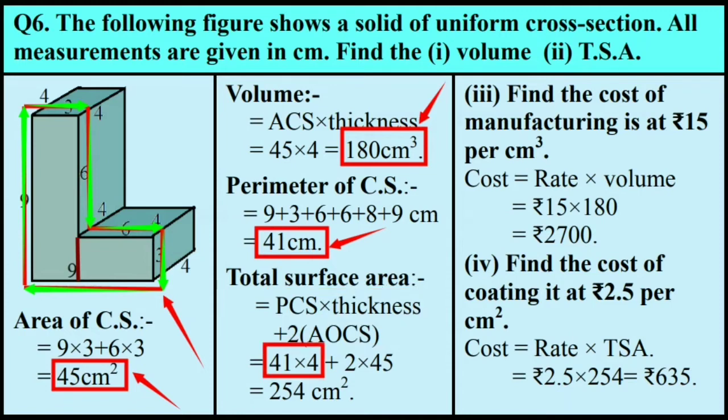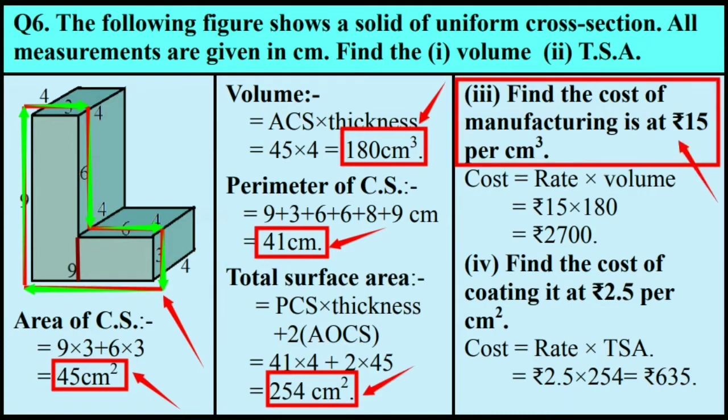Well, 41 multiplied by 4 gives side, top and bottom area, and 2 multiplied by 45 is the area of cross section, that is the front one and the back one. Finally, the result obtained is 254 centimeter square, and that is the total surface area of the figure.